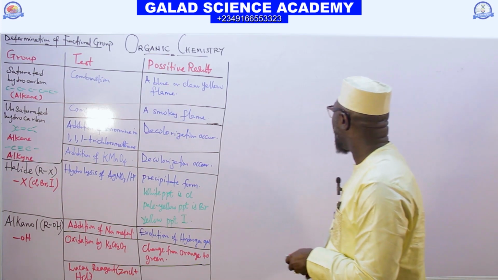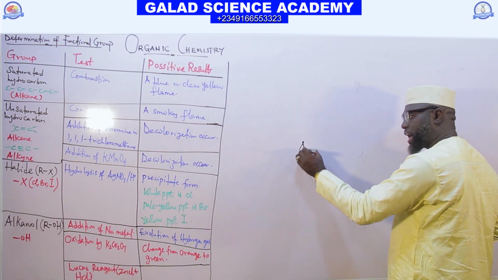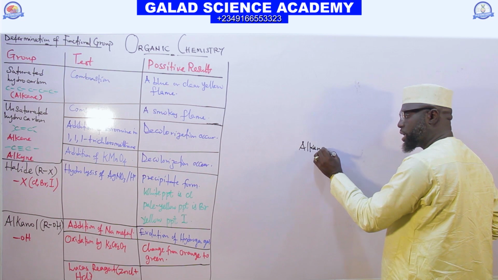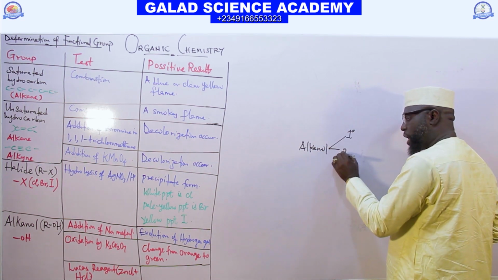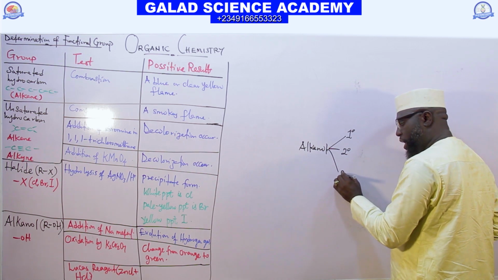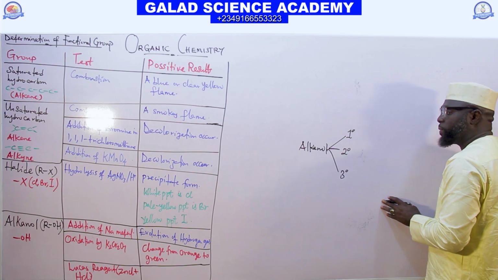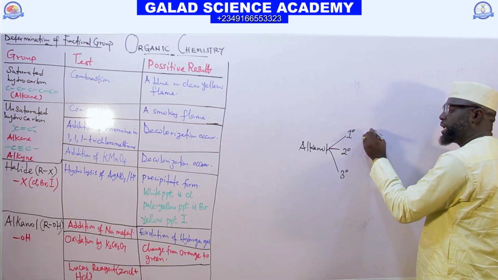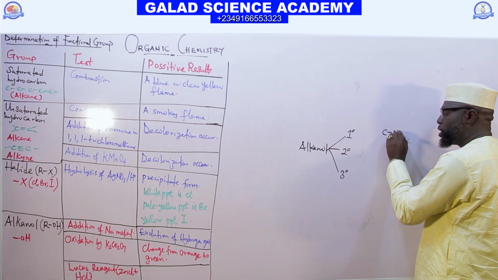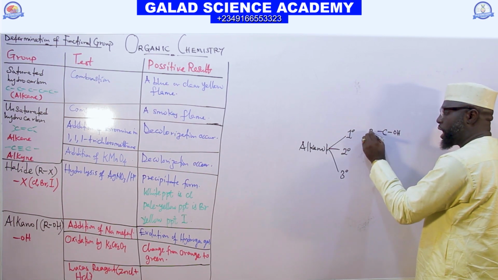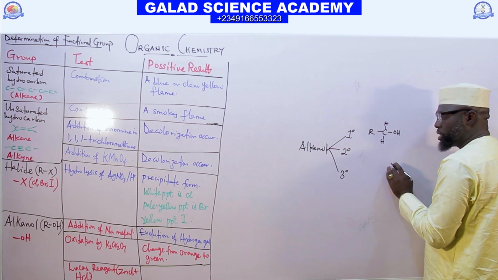Now, alkanol can be grouped into three. Let me deviate a little bit. We have primary, secondary, and tertiary. An example of primary alkanol is R, C, H, H, OH.